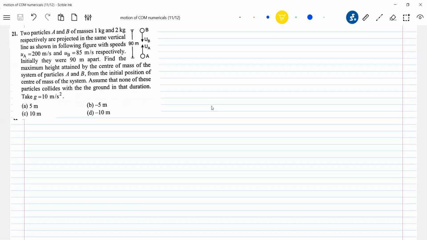Two particles A and B of masses 1 kg and 2 kg respectively are projected as shown in the following diagram. Let's discuss some problems related to particles also. So we have here a system.